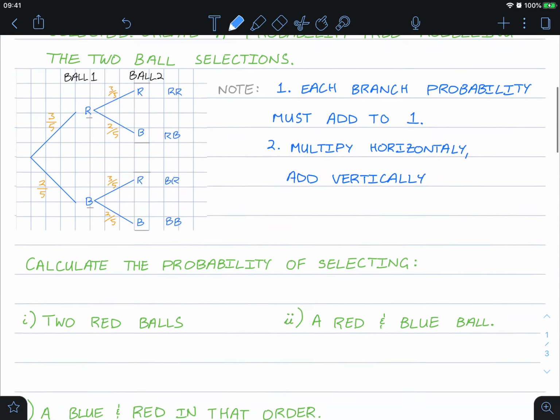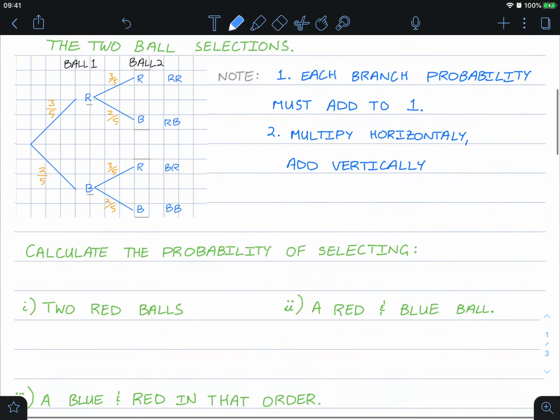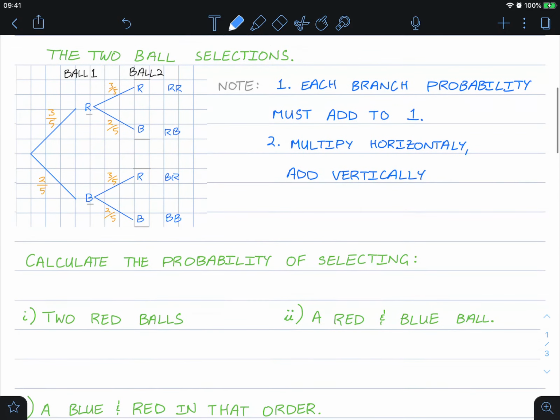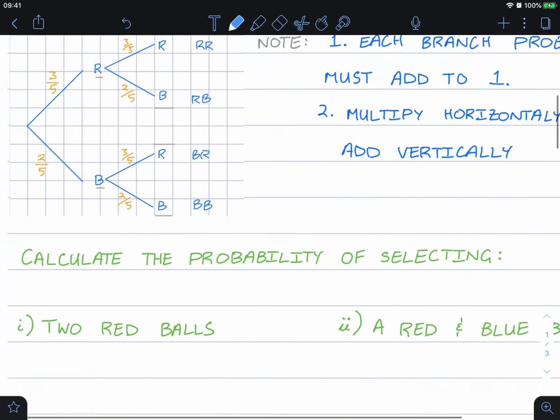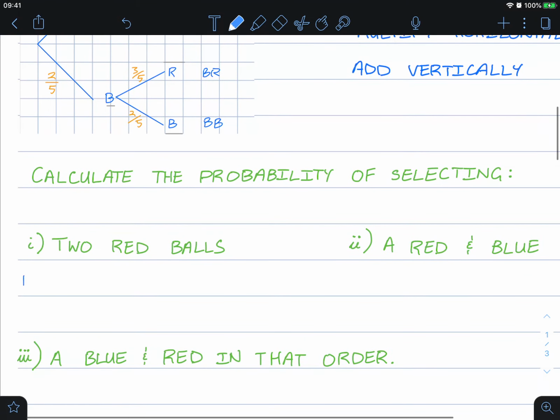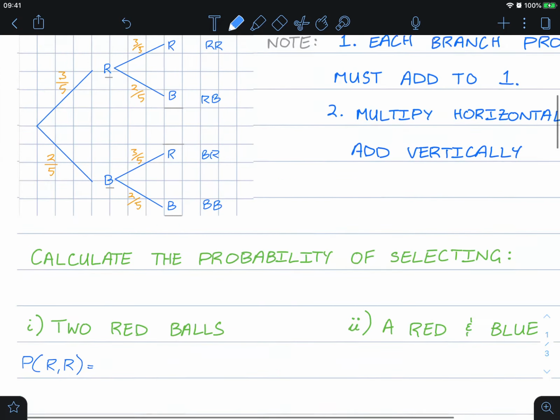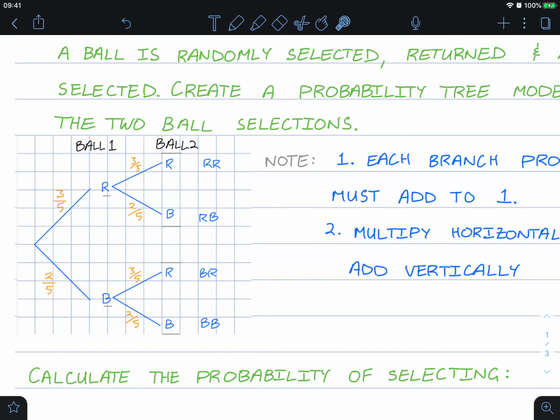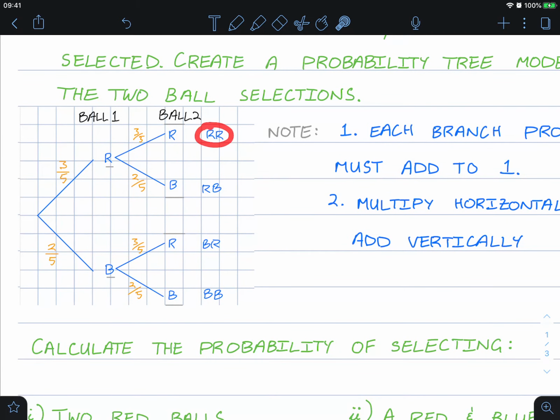Let's demonstrate this in this first example here. Calculate the probability of selecting 2 red balls. So we can write this as probability of red, red is equal to, well, since we need to arrive at red, red, to get to here, we multiply horizontally, following the path we need to take to get here.